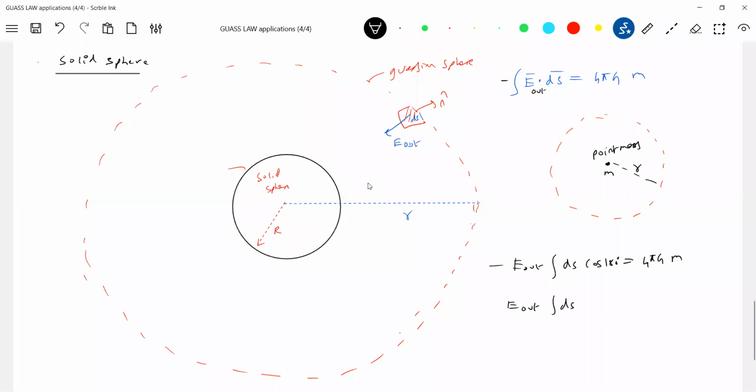Integral of ds: if I add such patches, I'll get the surface area of a sphere. What is the surface area of a sphere? 4 pi r square. This is the gravitational field strength due to the sphere, outside the sphere.